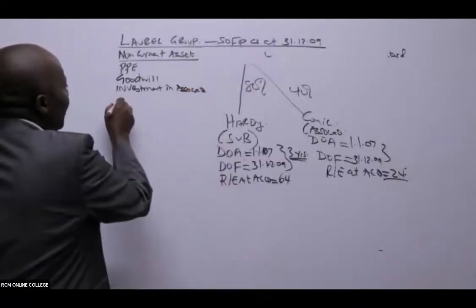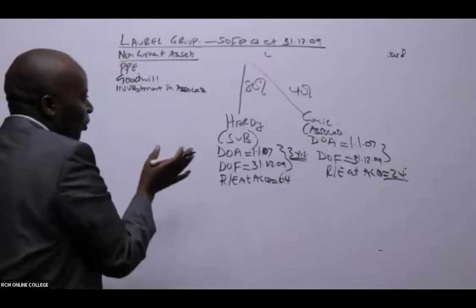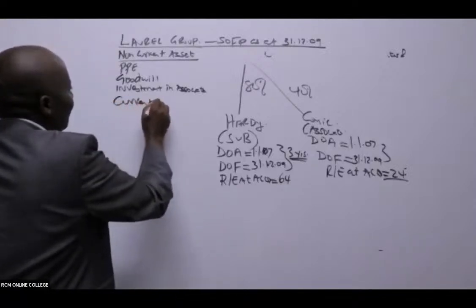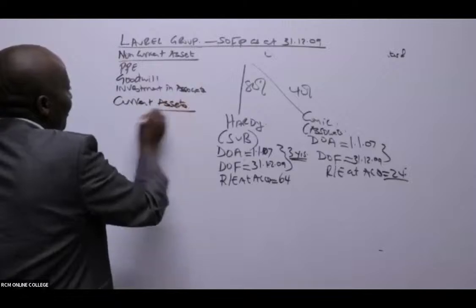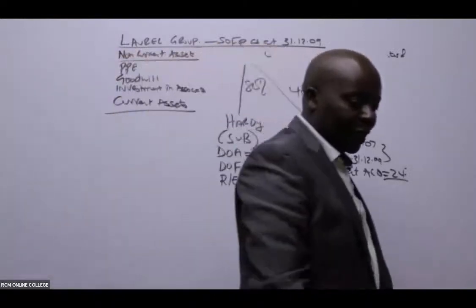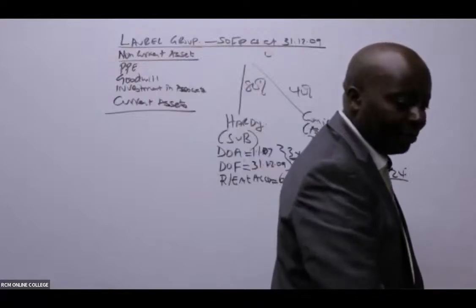Then you must leave some space just in case something crops up. So we have current assets. You just do a pro forma, always do a pro forma. You only come and pick them.